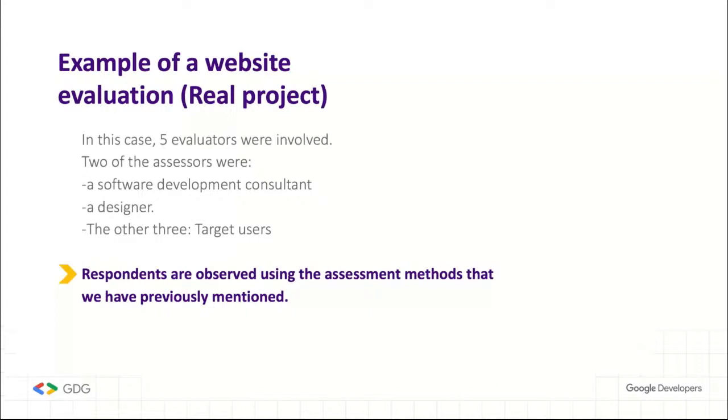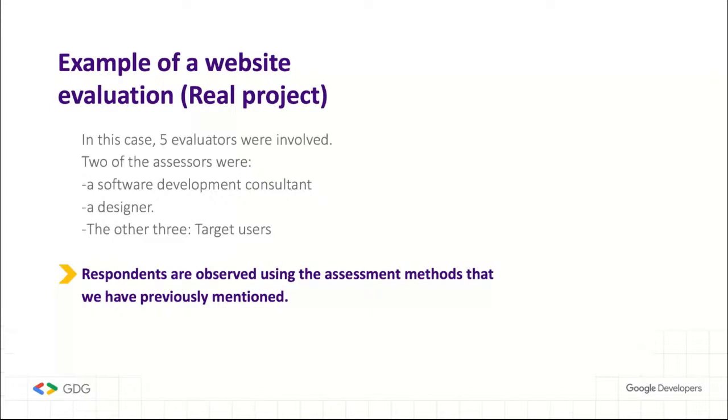In this case, 5 evaluators were involved. Remember that we said we can do tests with 5 to 8 users. In this case, our evaluators were a software development consultant, a designer, and 3 target users.